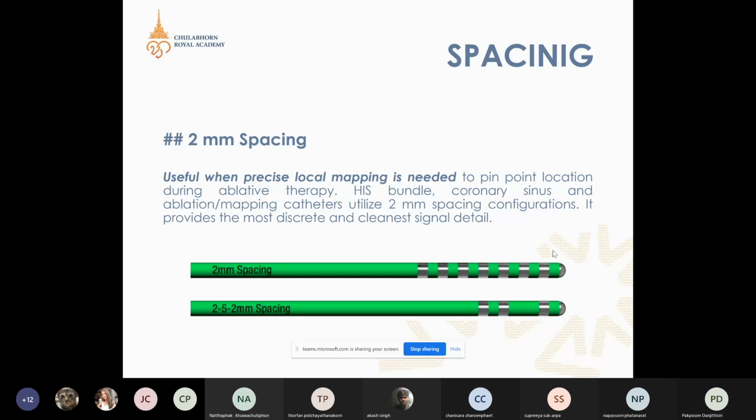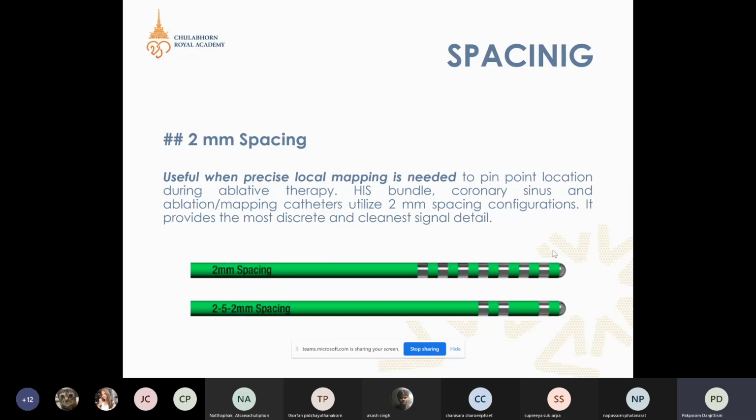And sometimes the His bundle can use the advantage of the 2 millimeter spacing, if the His bundle location is quite complex to place using the standard quadrupolar with 5 millimeter to find that area.